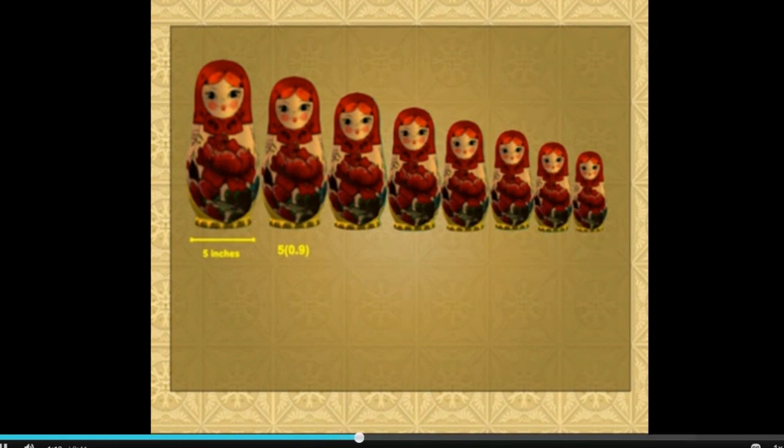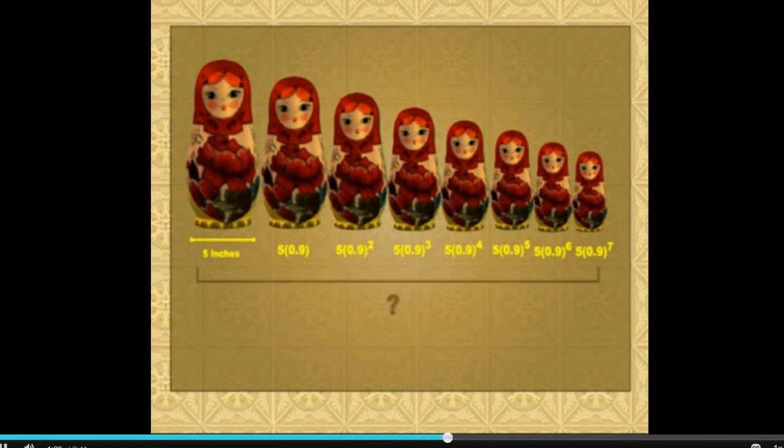The next doll is 5 inches times 0.9 squared because it is 10% smaller than the previous doll. Rachel can find all of the doll's widths this way. She knows that when a number is multiplied repeatedly by the same constant, the sequence of products is called a geometric sequence. In this lesson, you will see how to add terms quickly in a geometric sequence. This sum is called a geometric series. You can use it to see if the nesting dolls will fit on Rachel's shelf.